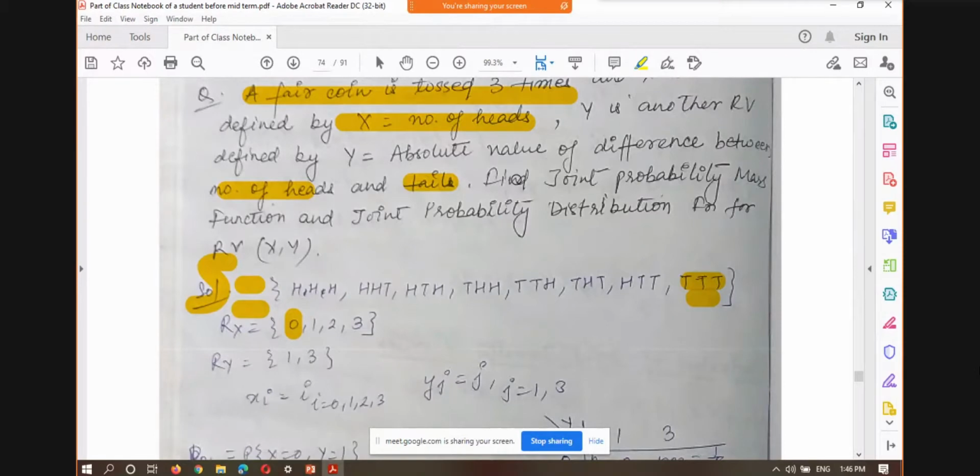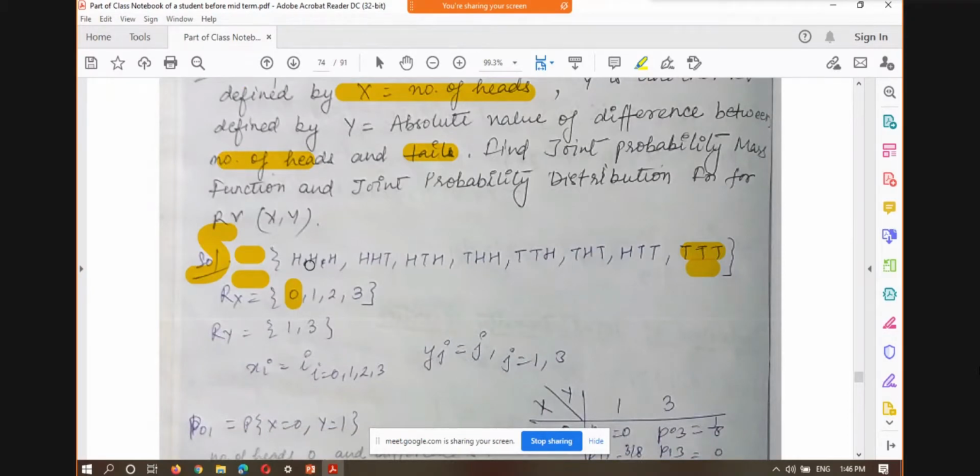Now we come to y. Y is the absolute difference between the number of heads and the number of tails. Here the number of heads is 3 and the number of tails is 0, so the absolute difference is 3. So this is going here. Similarly, this is also going here because the number of tails is 3 and the number of heads is 0, so the absolute value is 3. Now we go to this: two heads and one tail, so the number of heads minus the number of tails is 1, and the absolute value is 1.